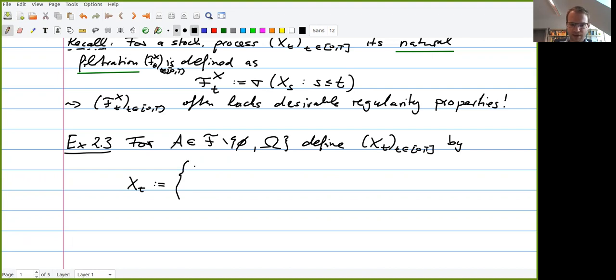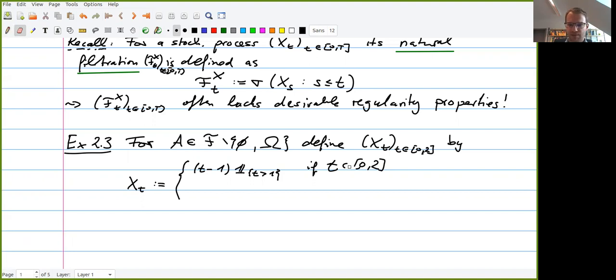The first case: I am in the set A. This means I consider t minus 1 multiplied with the indicator function that t is strictly bigger than 1, where t is in 0 to 2. We can take a general T, but let's choose T equal to 2 to make it a bit more concrete.